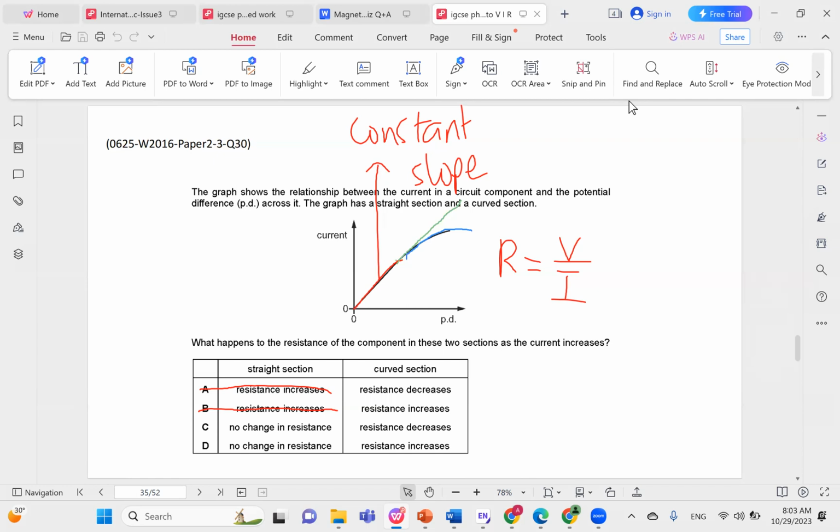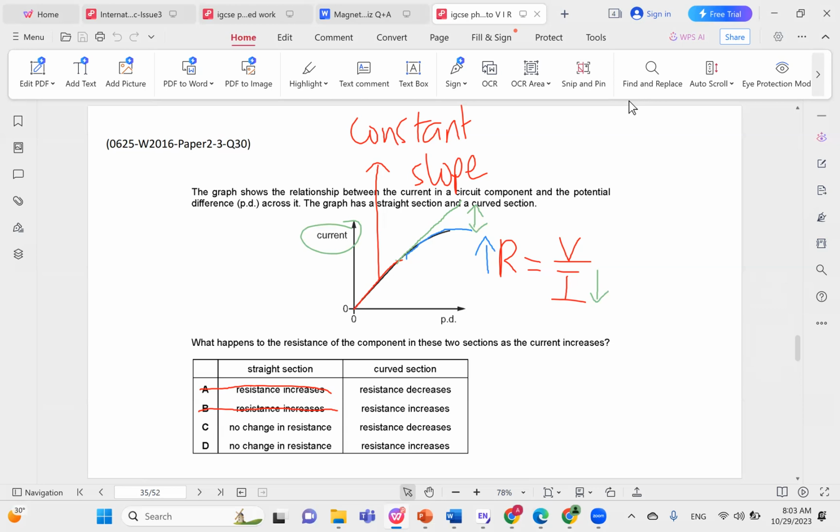So here, the y is less than what it should have been. The y in this graph is the current. So if the current decreases, what happens to the resistance? The resistance is inversely proportional to the current because the I is in the denominator. So if I decreases, R increases. That's one way of looking at it.